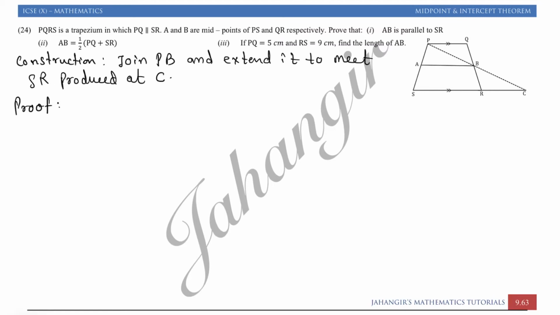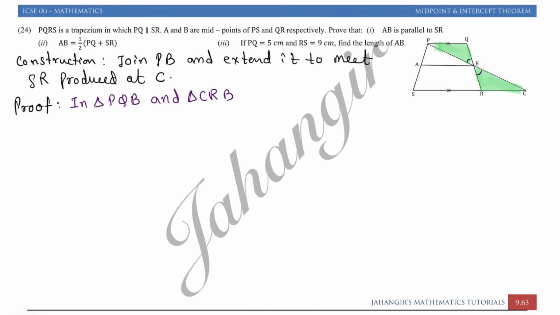Now in proof, we have to first consider two triangles. First part we can take this, second we can take this line. So in this I will first write in triangle PBQ, or we can write PQB, and triangle CRB.